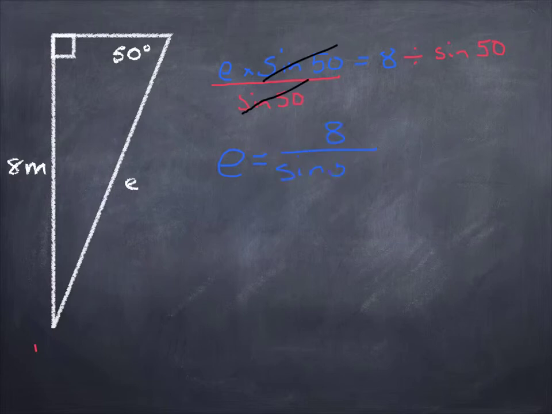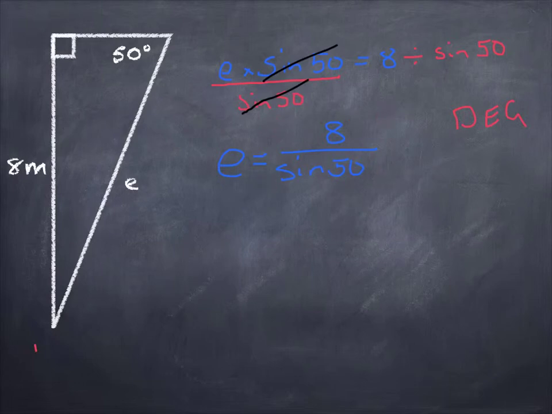sine of 50. Now this is what we're looking for, because we've got e by itself over this side. A variable alone is the aim of what we're going for. So then, making sure our calculator is in degrees mode, always in degrees, otherwise incorrect answers, we can put this side of the equation in a calculator.